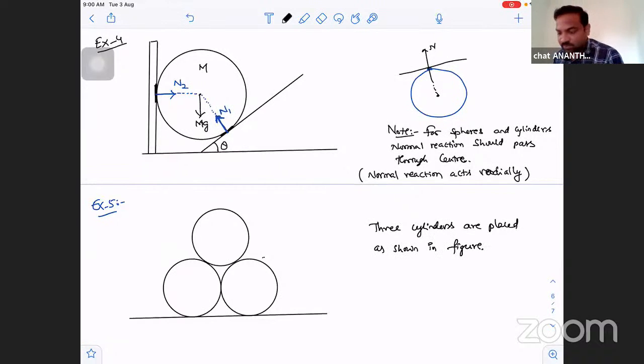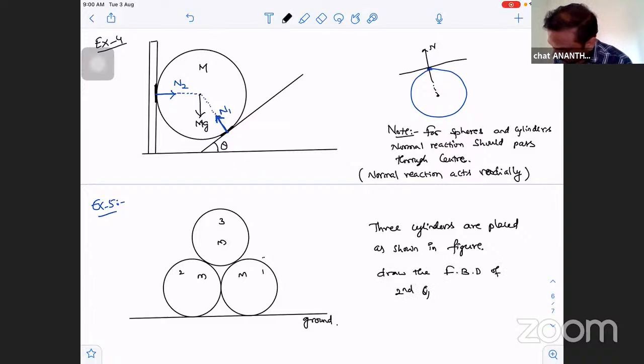You are able to see the cross section. This is the ground. This is the first, second, and third. Let us say each has mass m. Then draw the free body diagram of the second cylinder. So now I want only the second cylinder.